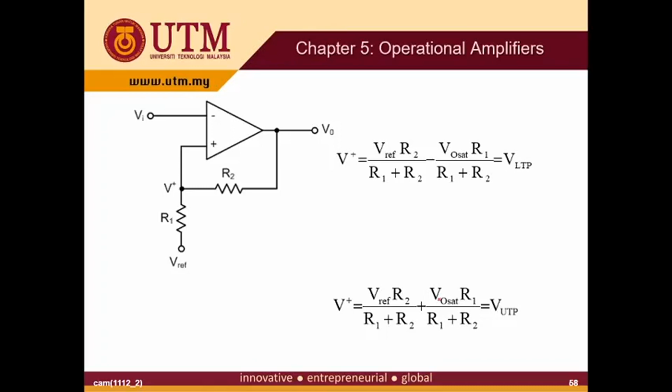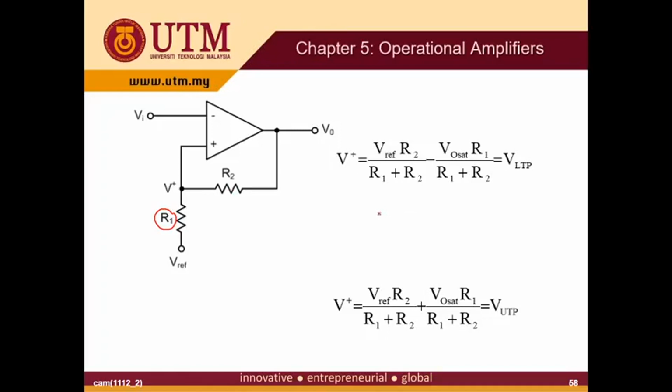Because when you memorize the equation, sometimes you mix up whether R1 is here or R1 is here. So it's better for you to be able to derive VUTP and VLTP. The flow is quite simple.